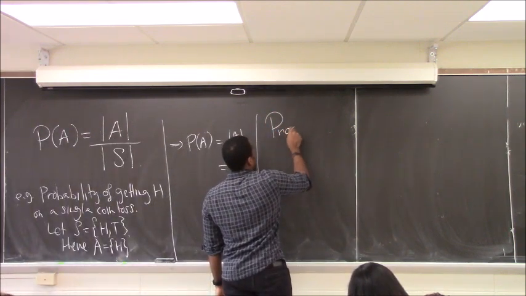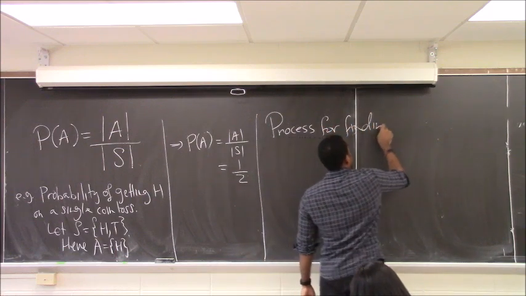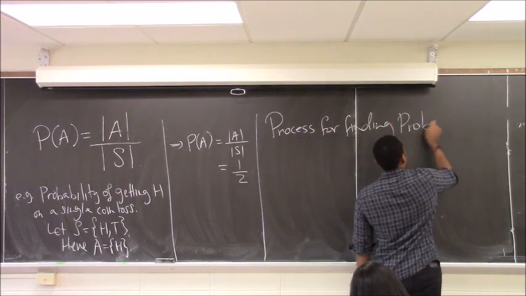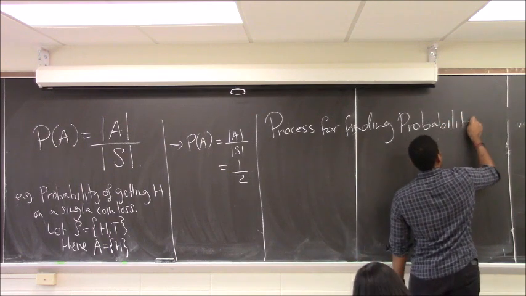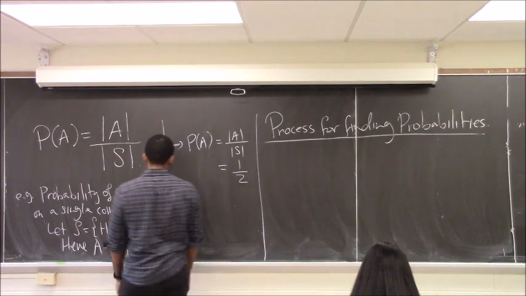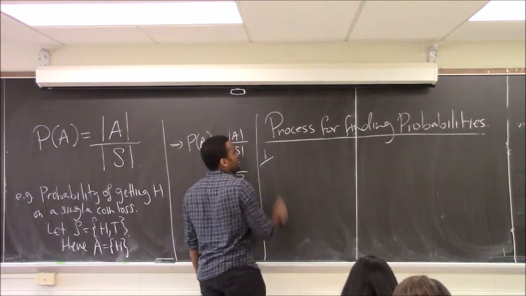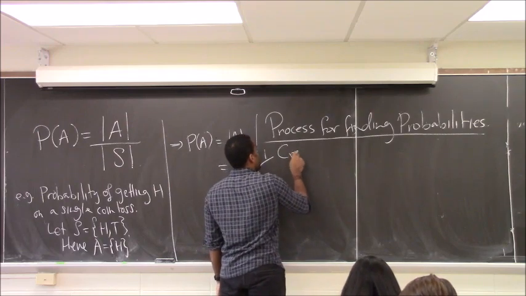So let's talk about a process for finding probabilities. The definition is going to tell us how we are going to want to find it. Like I said, one, you are going to create a sample space.